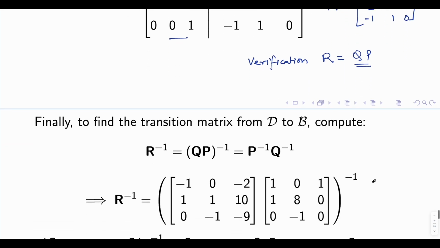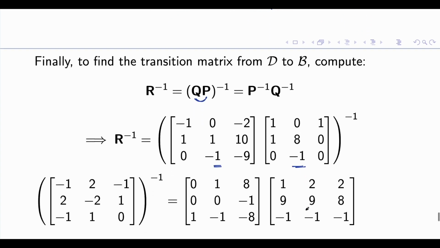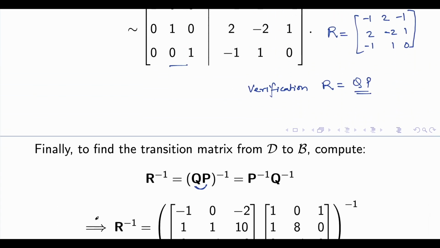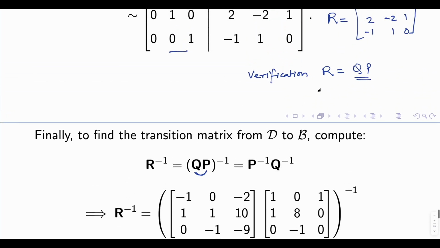I can show you in this. If you see Q and P, Q is this and P is this, right? Then QP is going to be this matrix, which is exactly your R. If you see here, R is -1, 2, -1. So the first row will be -1, 2, -1. So this verification has been done in this part, but you have to do it as a separate part, right? This is an exercise for you.